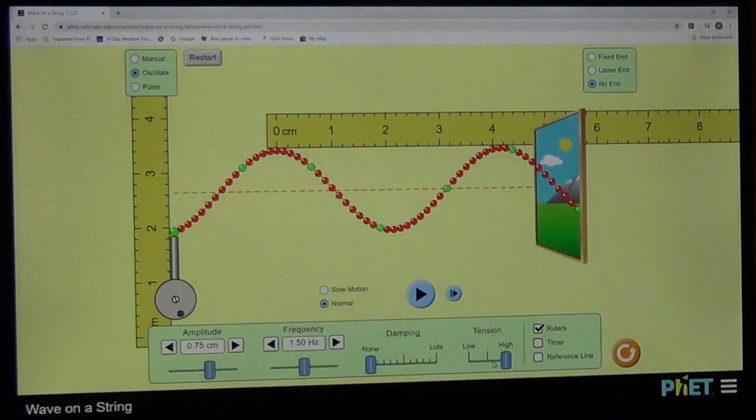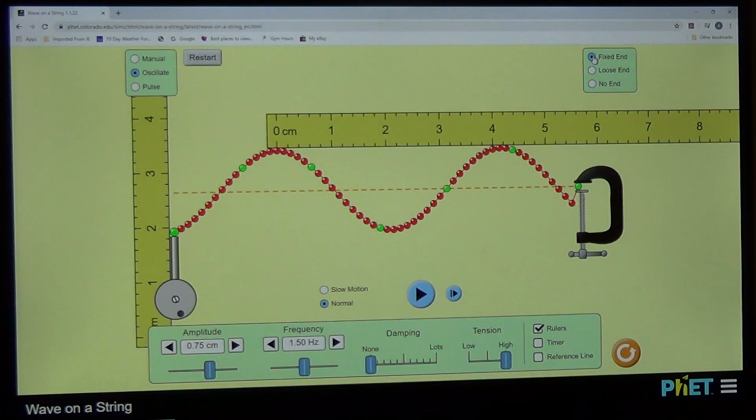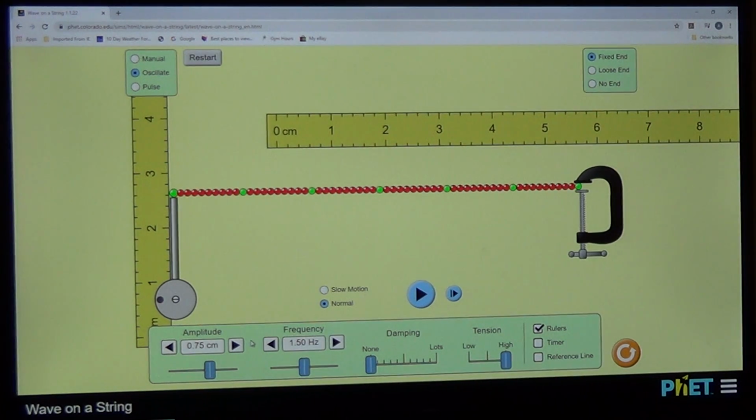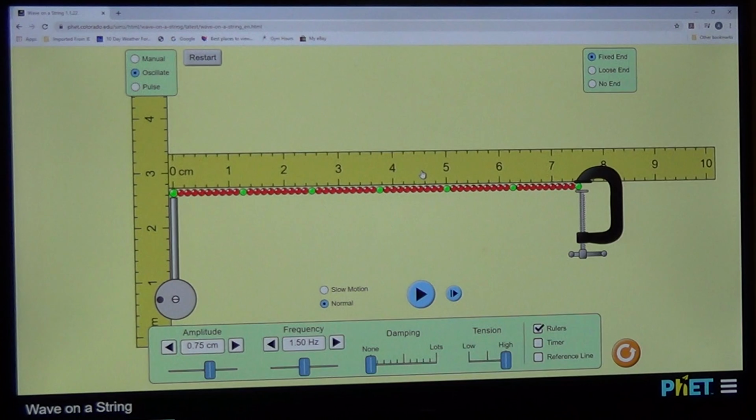So going back to our video, we are going to click back on fixed end. We're going to restart this, and let's see how long this is. You can measure from here to here. That's 7.2, 7.4.